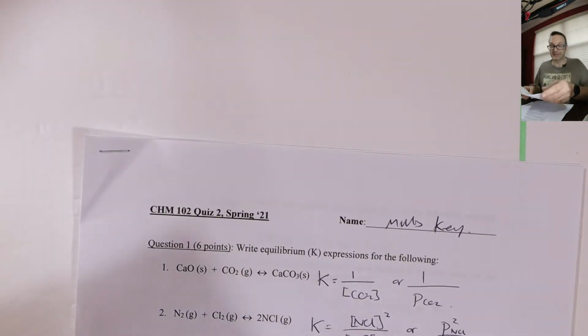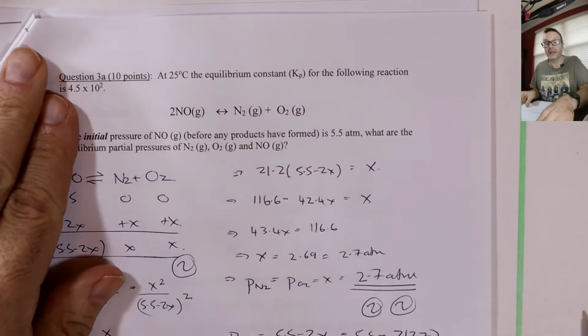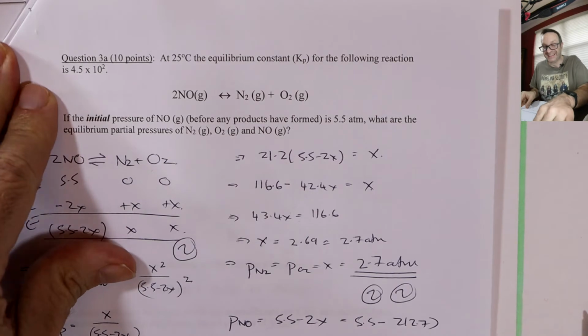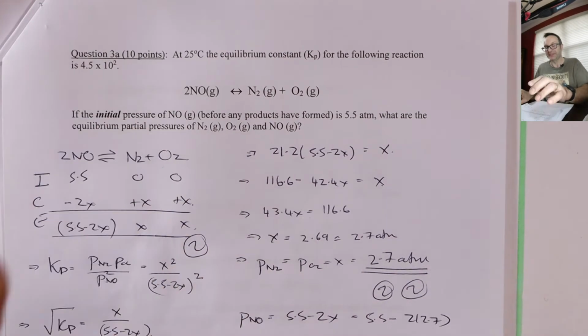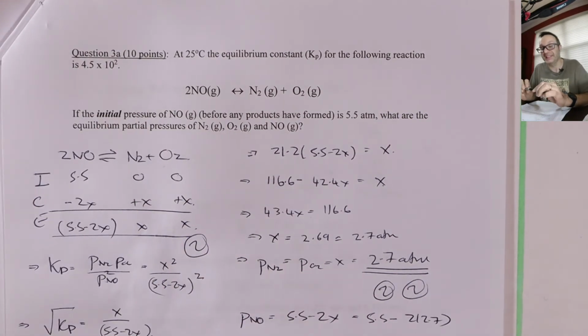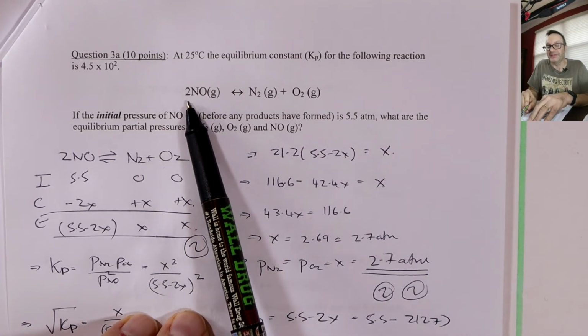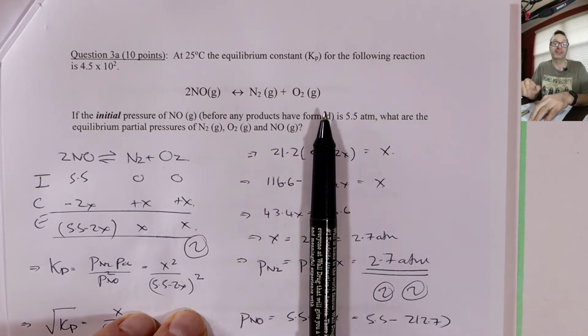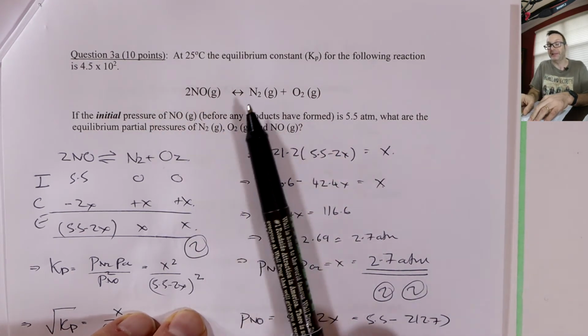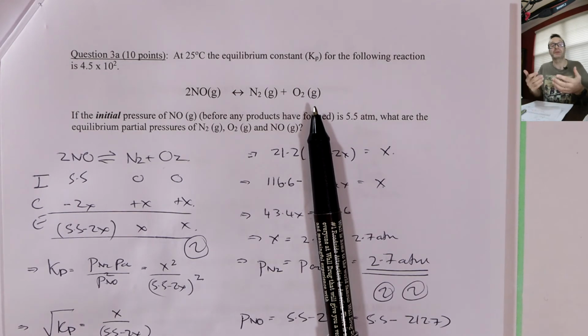Now this next one is taken directly from the notes. This is our first ever example of an ICE table. It's that 2, 1, 1 interesting stoichiometry where we can play that square root trick. So Kp, again, they're all gases, so Kp applies.